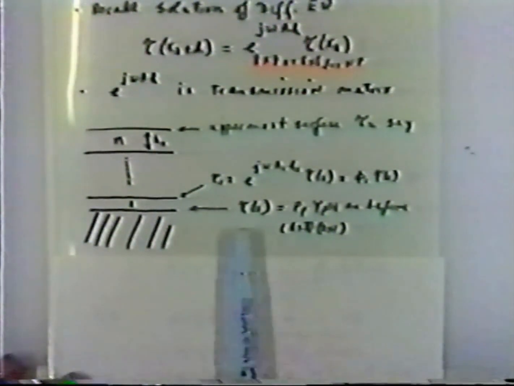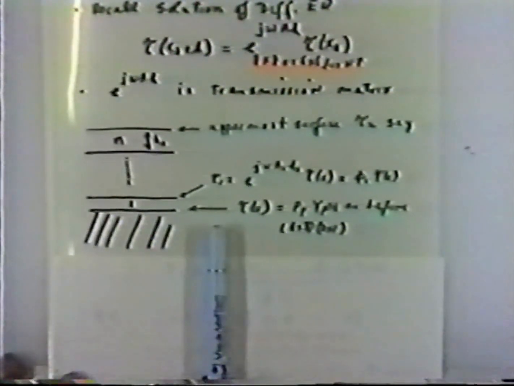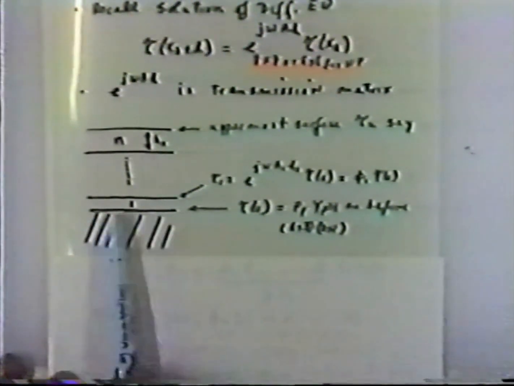Now, let's take a look at the layered structure. Here we just remind ourselves about the exponential relationship between those vectors at different locations, and let's suppose we have an infinite substrate and then n layers. Well, from what we have seen earlier, let's say that x3 equal to 0 is the lowermost interface.